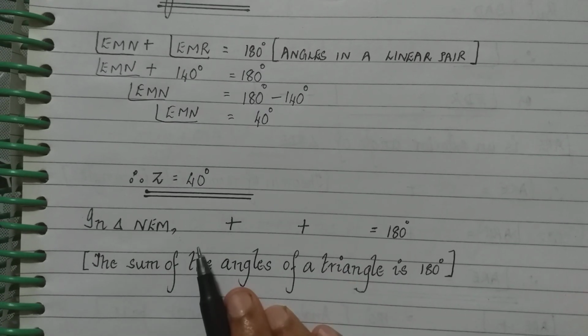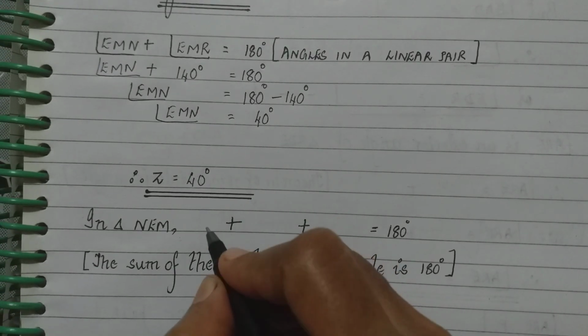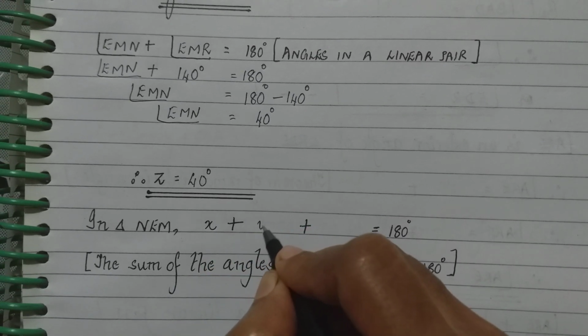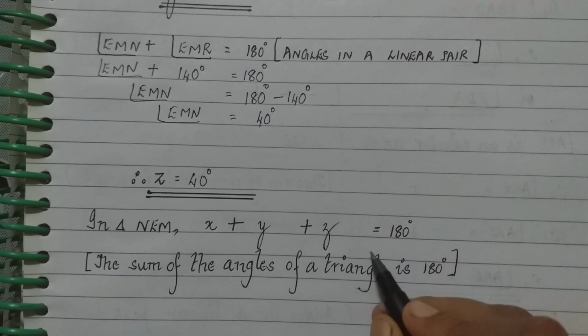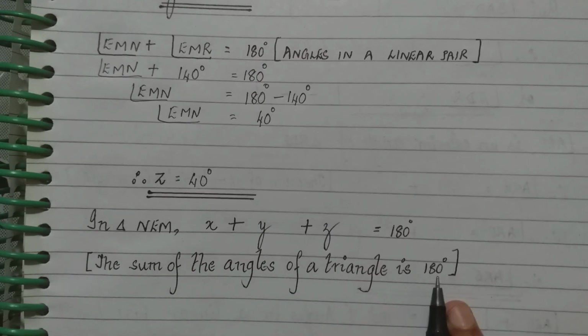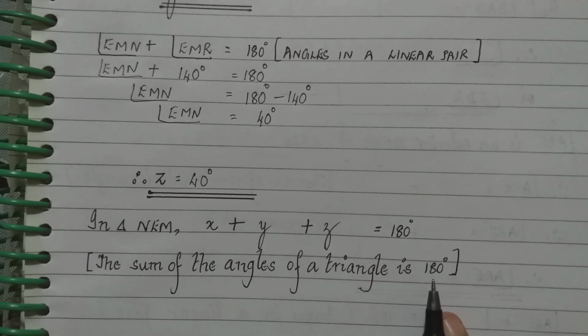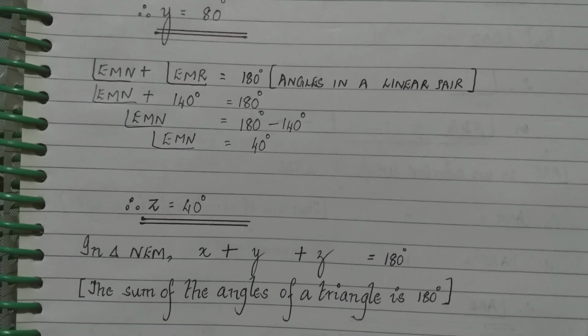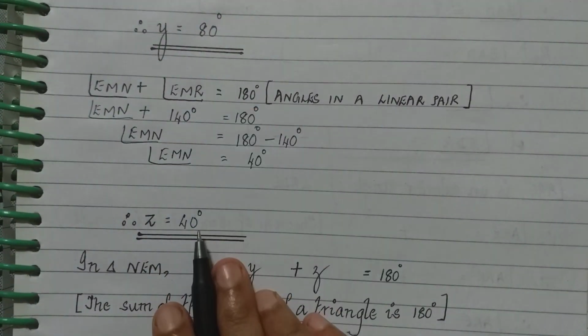So, in triangle NEM, we can write X plus Y plus Z is equal to 180 degrees. How did we get that? Using the angle sum property of the triangle, which states that the sum of the angles of a triangle is 180 degrees.